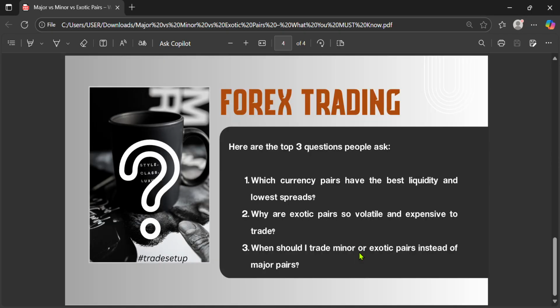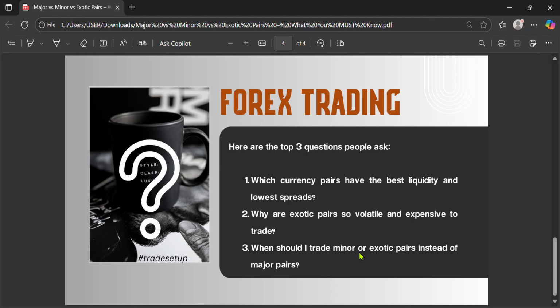Now, these are the questions that people mostly ask. Which currency pairs have the best liquidity and lowest spread? The answer is major pairs. They have the best liquidity, which is money, and lower spreads. They are major pairs, which is advisable for beginners to trade.